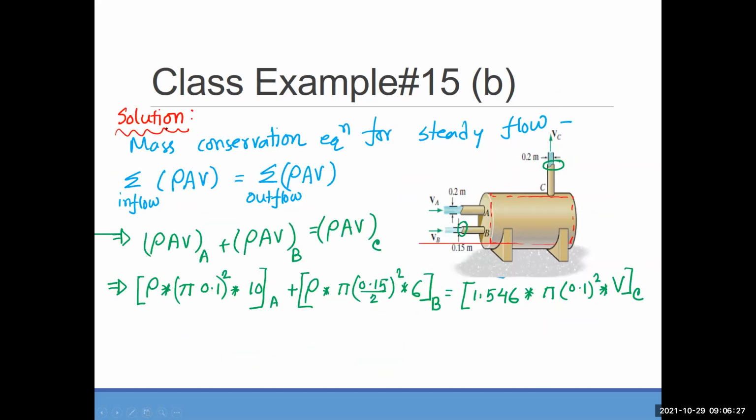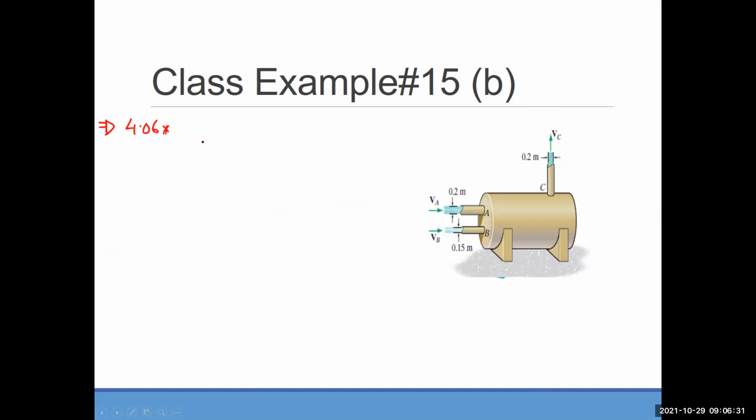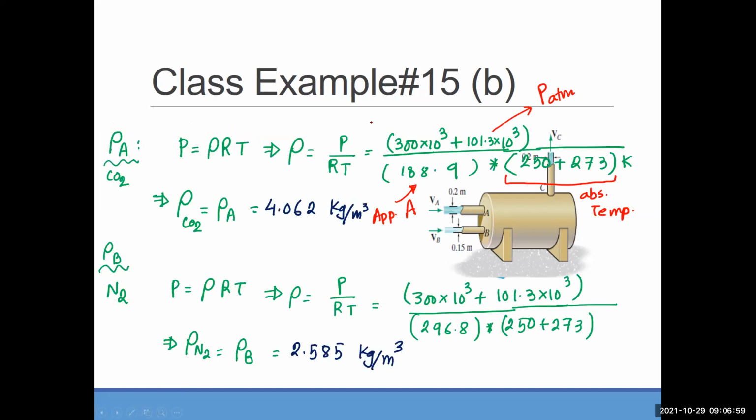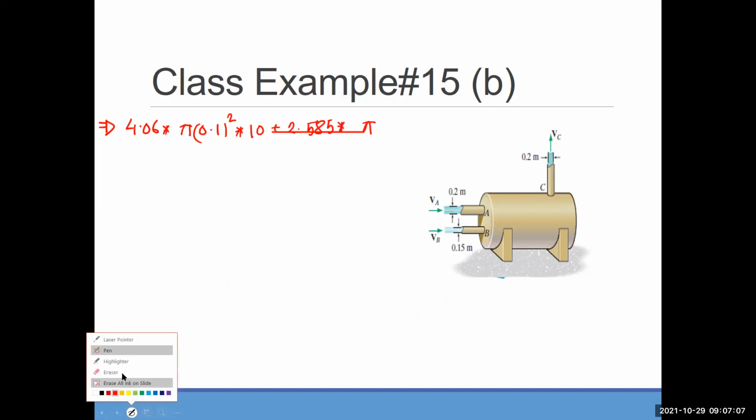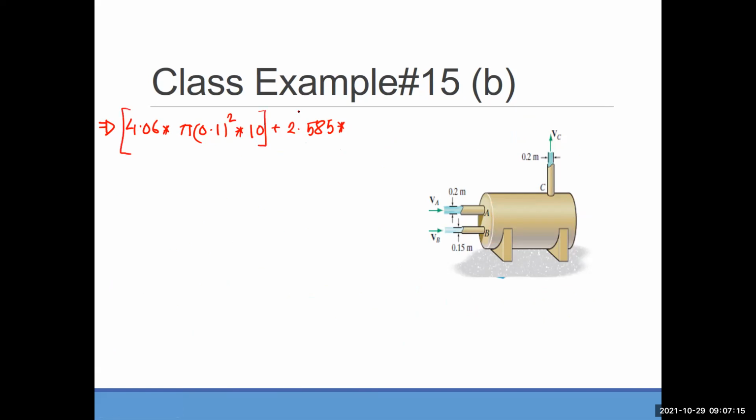And the area of that one was pi 0.1 square over 4, and that was the A, plus the density of B, which is 2.585, times pi 0.15 over 2, times 6, right?